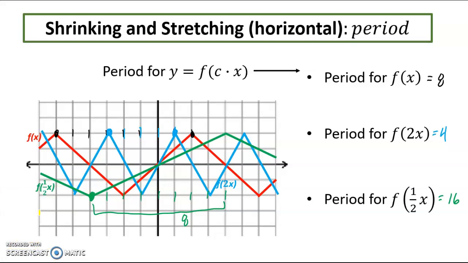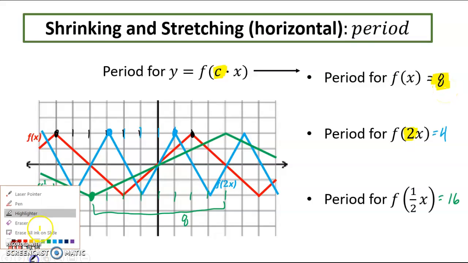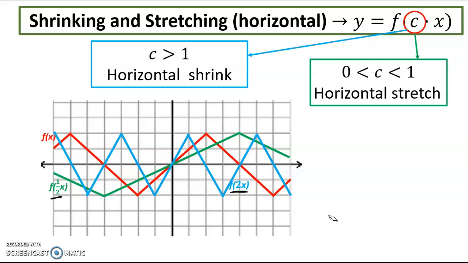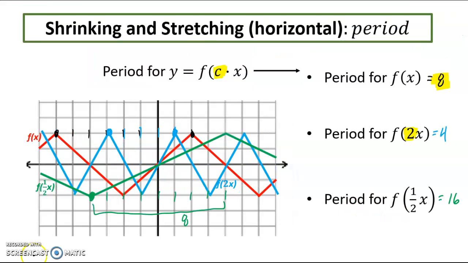So now, if my period was 8, and I take my x values and multiply them by 2, I don't multiply my period by 2. I've actually taken my period and cut it in half. Because when my multiplier is a number bigger than 1, it's a shrink. So I'm compressing, making my x values closer.